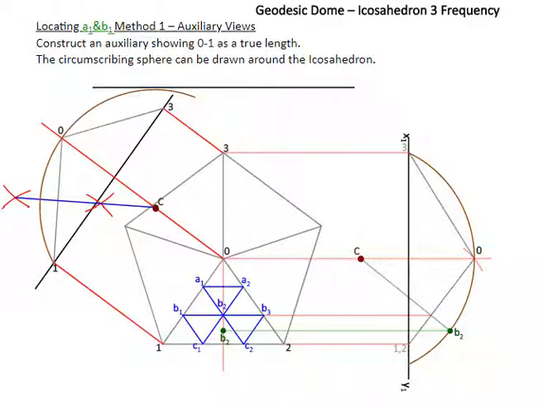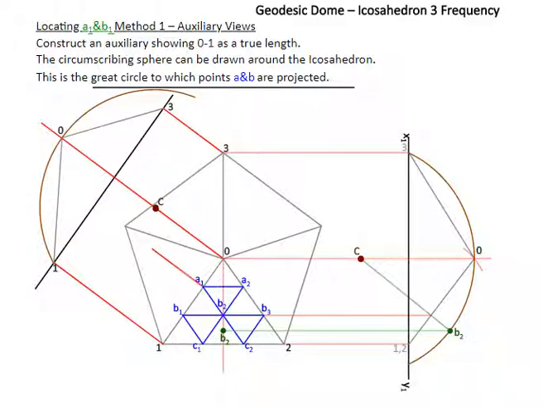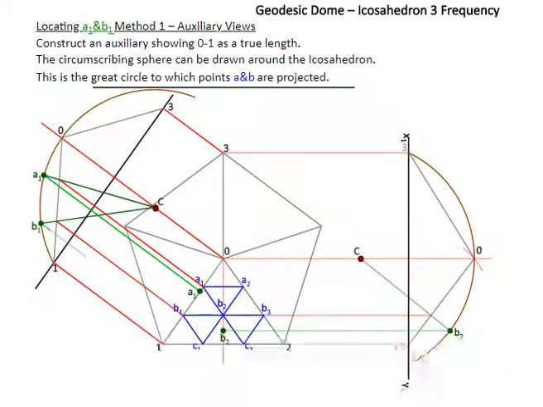As you can see, that's how we draw it there. So this is the great circle to which points A and B are projected. So this gets A1. We project that back then. And this then is repeated to get the various different points.